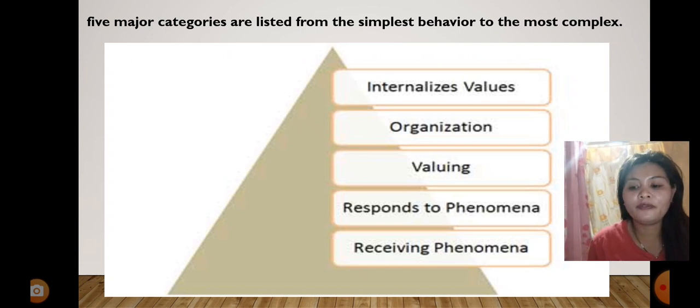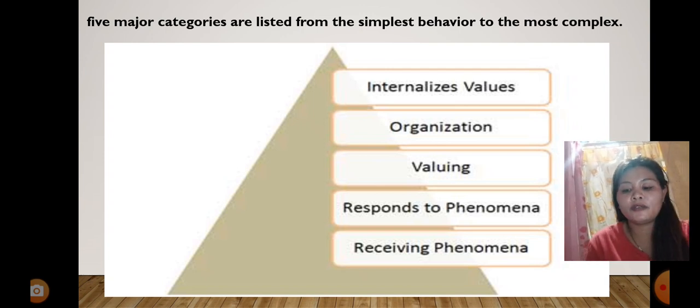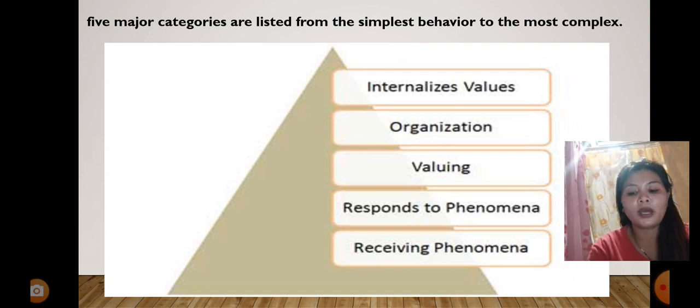So we have valuing, the worth or value a person attaches to a particular object, phenomenon, or behavior. This ranges from simple acceptance to the more complex state of commitment. Valuing is based on the internalization of a set of specified values, while clues to these values are expressed in the learner's overt behavior and are often identifiable.